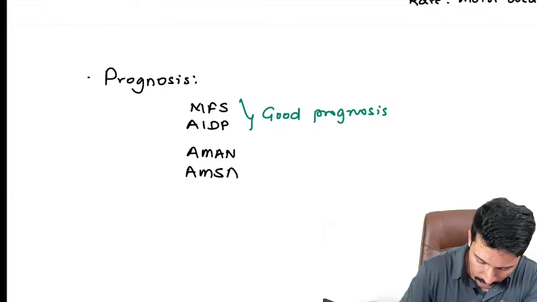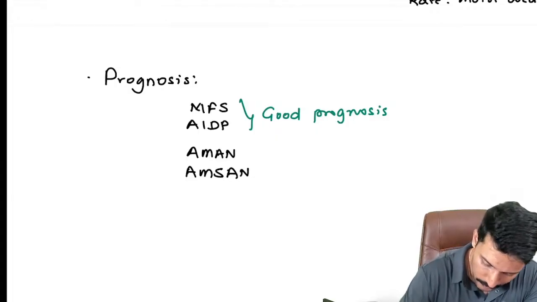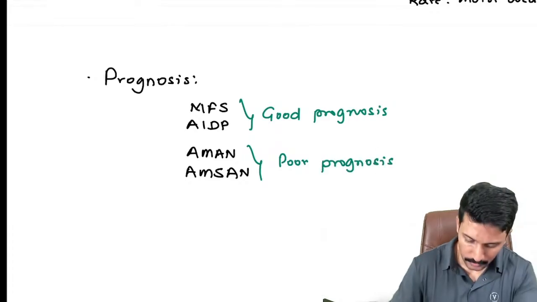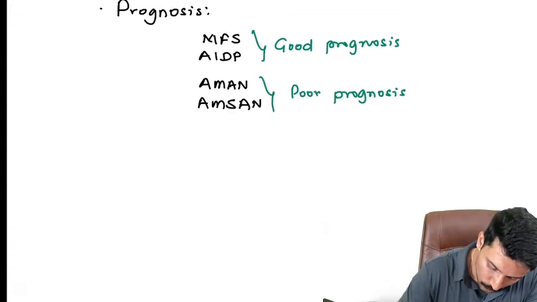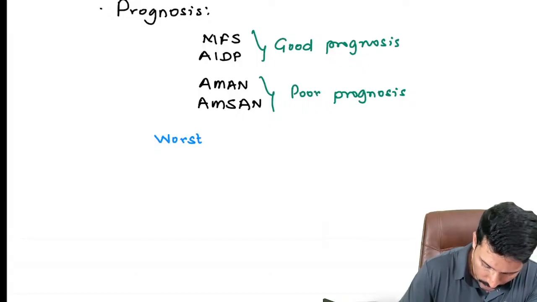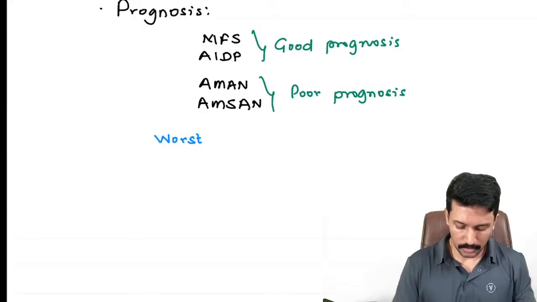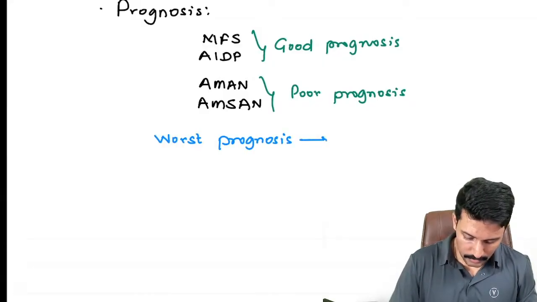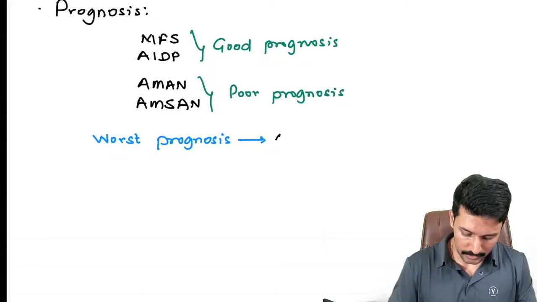Axonal injury is more difficult to recover, and because of that they carry poor prognosis. But if they ask you which carries the worst prognosis of all, not these. There is one more variant which is very rare, very rare, and that variant is Bickerstaff encephalomyelitis.